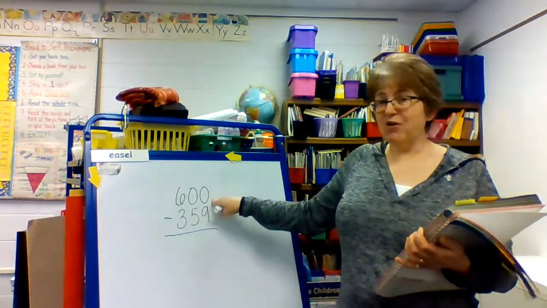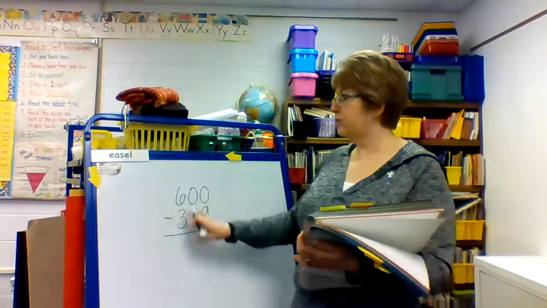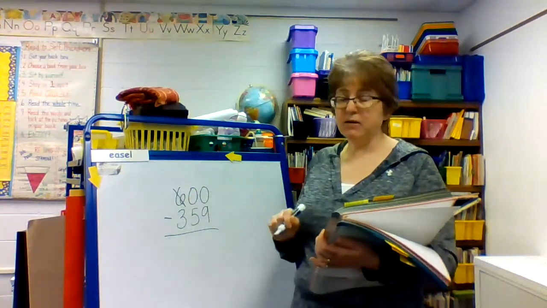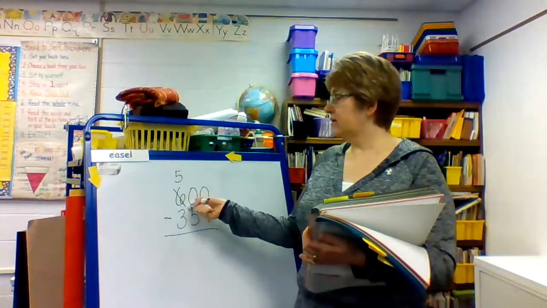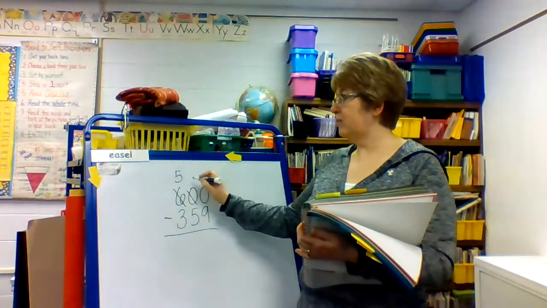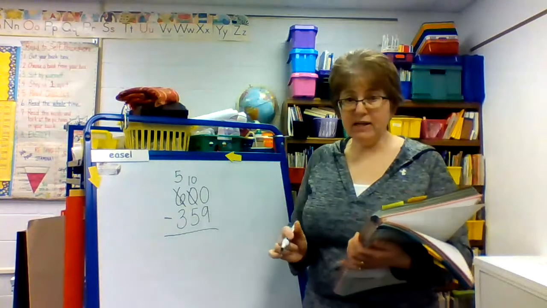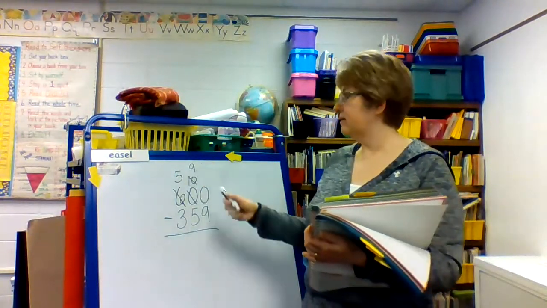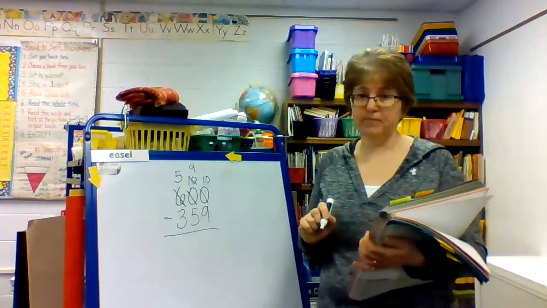I see I have a 0 in my ones and my tens. So that means I have to go all the way over to the hundreds. So I go over to the 6. My 6 becomes a 5. Now this 0 in the tens place, I'm going to take that 10 and put it with the 0 and gives me 10. Now I can take a 10 away. My 10 becomes a 9. And then this 0 becomes a 10.